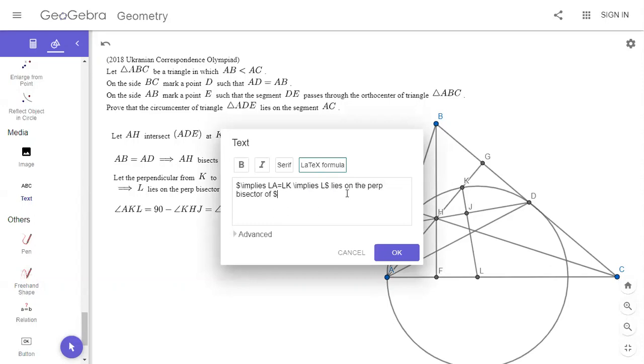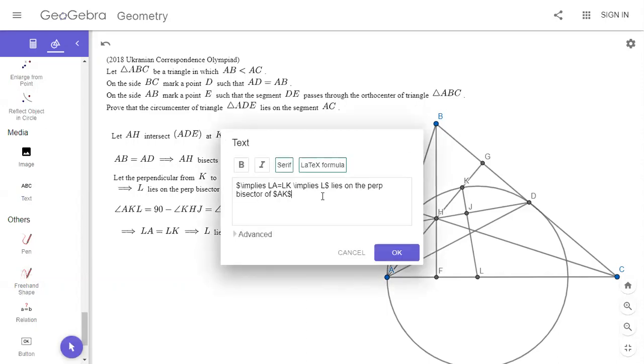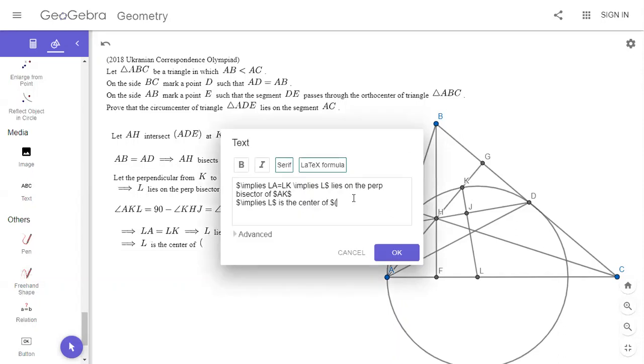So L lies on the perpendicular bisector of AK. So that means L is the center of that circle, and we're pretty much done. AEKD is the circle.